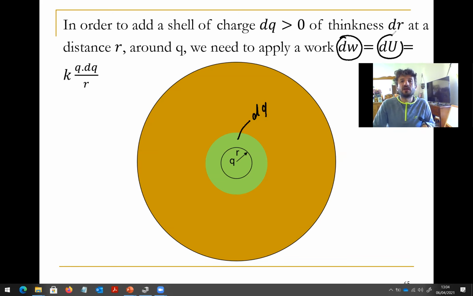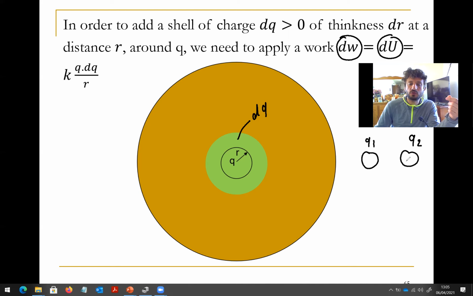equals the electrostatic potential energy. I think you know this from the first year: the work applied to any charge to put it in any system equals the change in potential energy, delta U. If we have one charge Q1 and another one Q2, the potential energy of this system equals K Q1 Q2 divided by the distance between them.